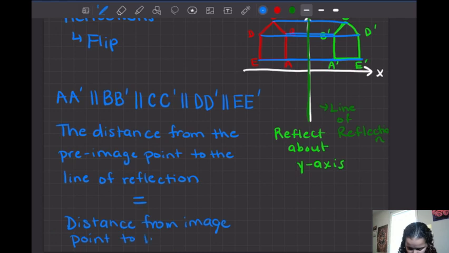I'm going to call it LOR for line of reflection, okay? So LOR stands for line of reflection.